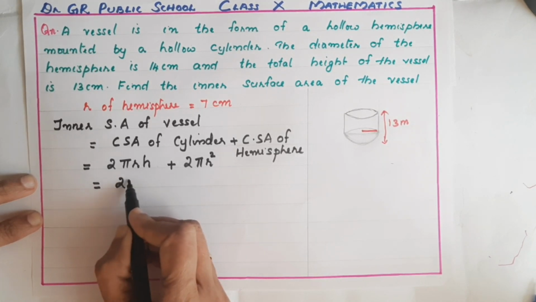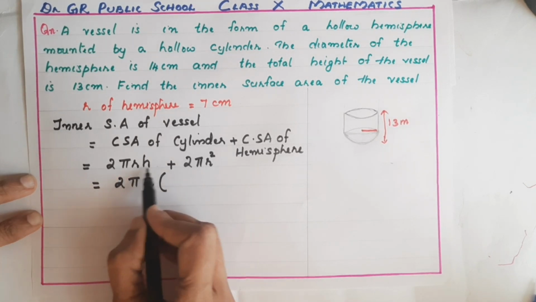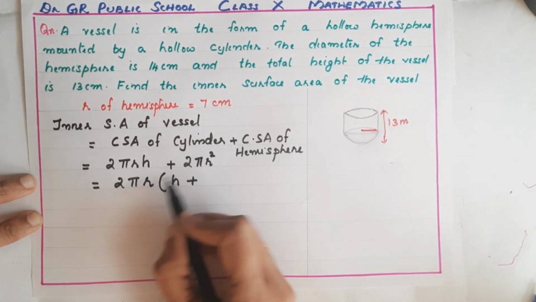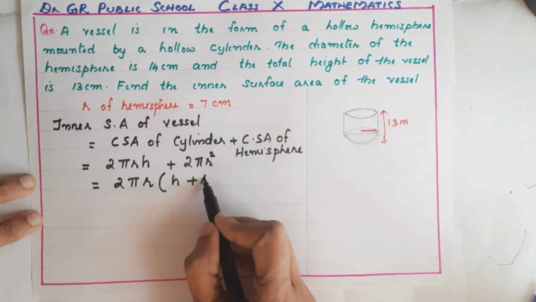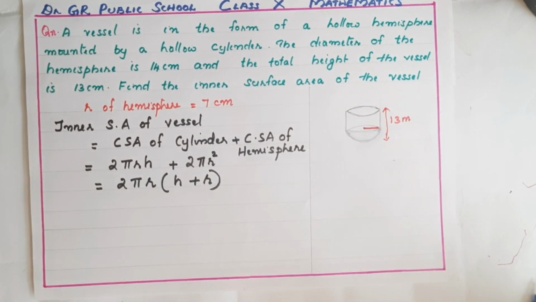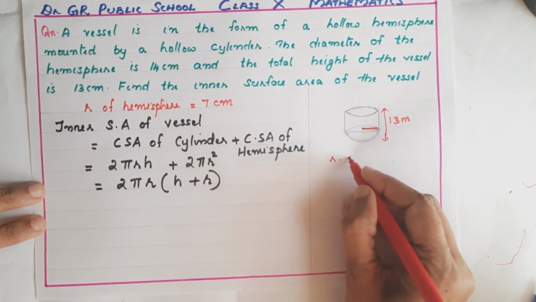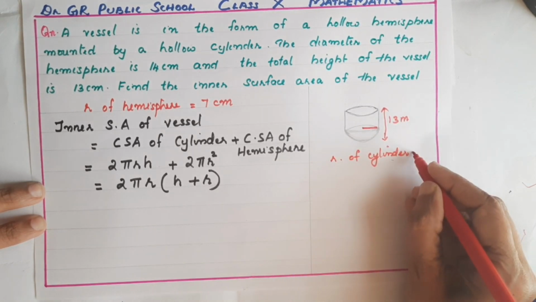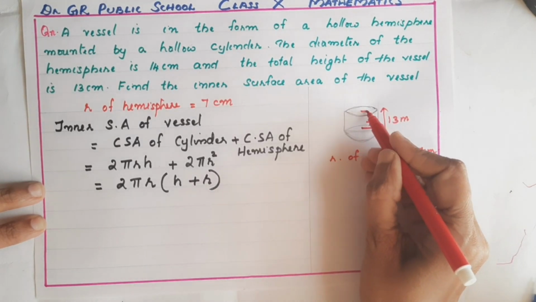So, 2 common, pi common, then r common. Then what is remaining? h plus, here 2 we have taken, pi we have taken, 1 r we have taken, so remaining r. What is the radius of the cylinder? That also you should know. The radius of the cylinder is also 7 centimeter. This is 7, so here also 7.